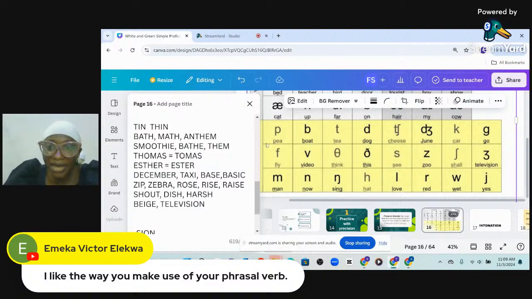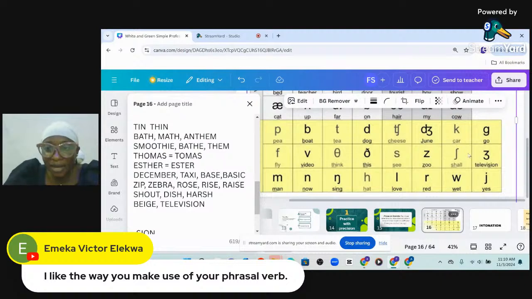The next sound, s: December, taxi, base, basic. The next sound, z: zip, zebra, rose, rise, raise.